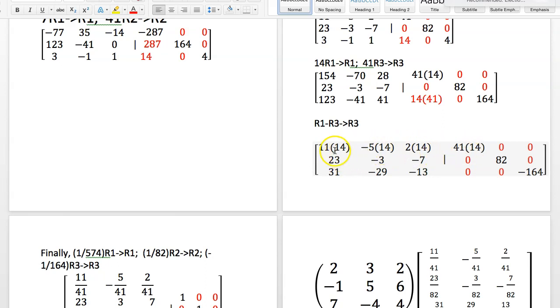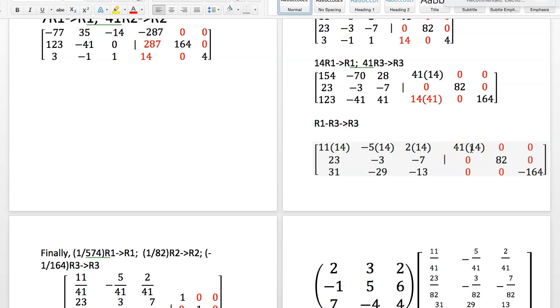Notice you see the structures of 14s. And if I divide everybody out by 574, that would be hard to deal with, except I'm dividing by the product of 41 and 14.